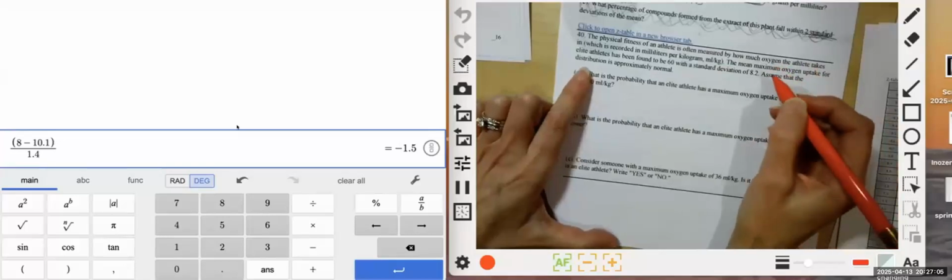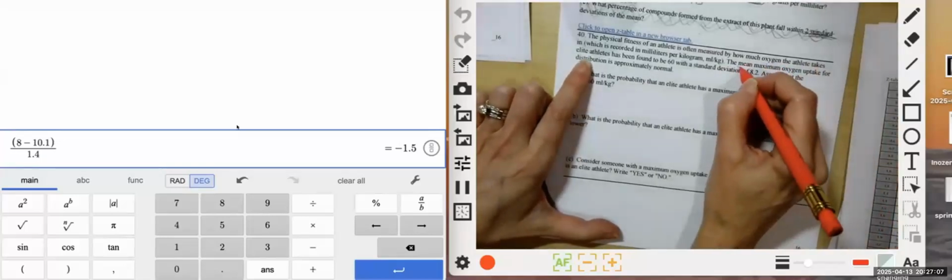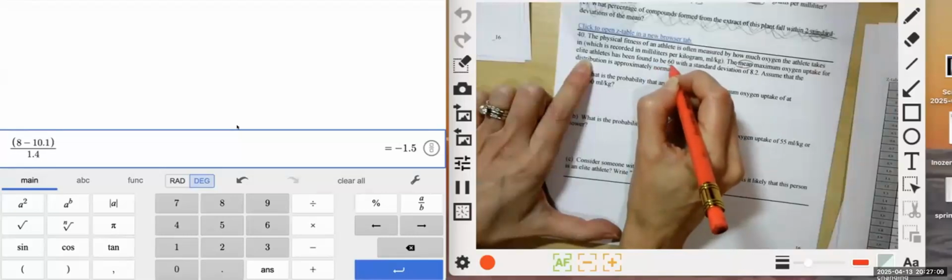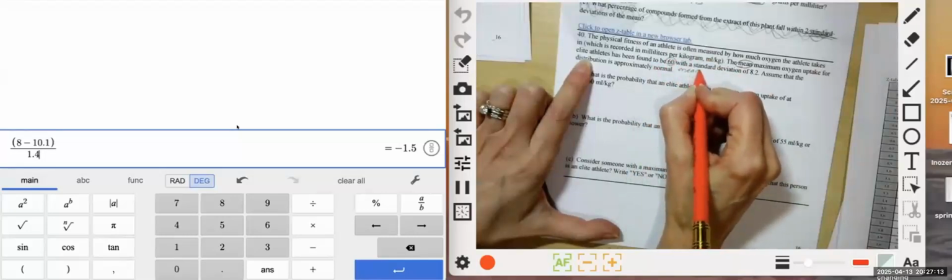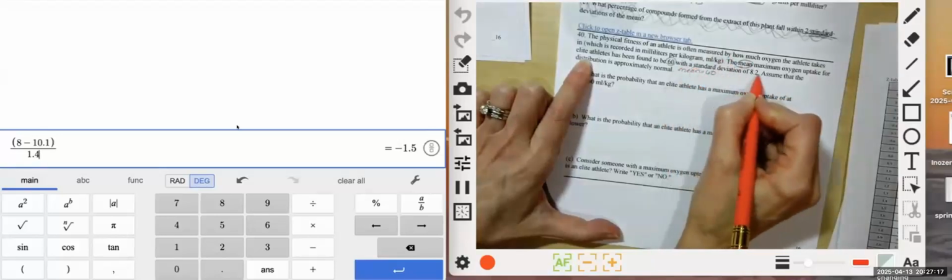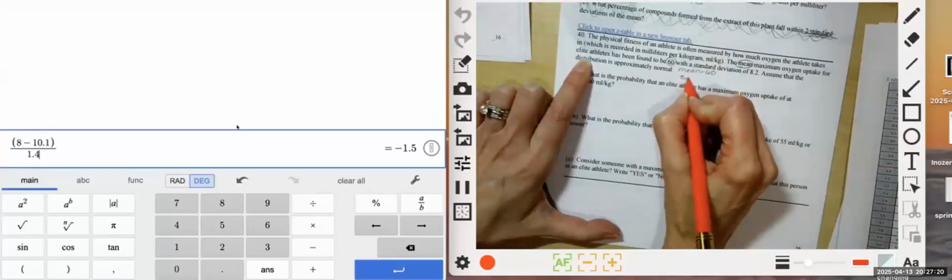All right, so number 40: the physical fitness of an athlete is often measured by how much oxygen the athlete takes in, which is recorded in milliliters per kilogram. The mean maximum oxygen uptake for elite athletes is found to be 60, and our standard deviation is 8.2.